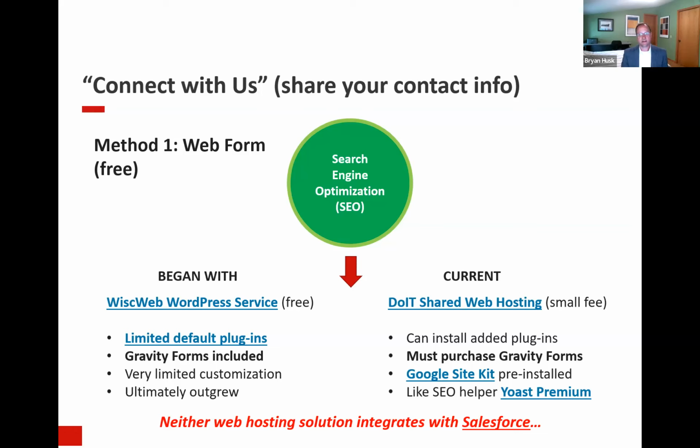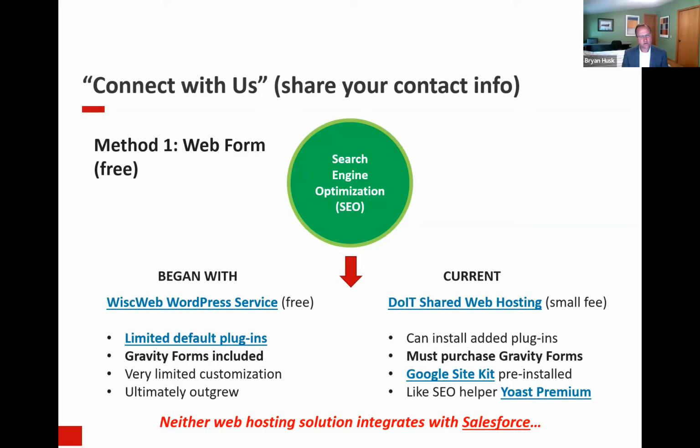I would say that one of the most useful pieces here was being able to customize features and install tools to help me solve problems, like search engine optimization software. Yoast Premium has been really, really helpful. And having the Google Sitekit does help strengthen your analytics and your awareness of how you appear in search engines.